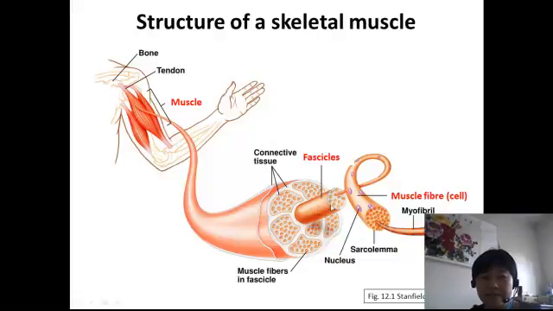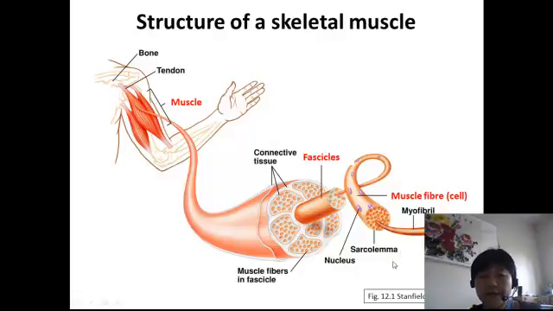Within a muscle fascicle, you can take out a single muscle cell with multiple nuclei; the purple indicates the nucleus. Around the muscle cell is the sarcolemma, the plasma membrane of the skeletal muscle. Within the muscle cell you have myofibrils, which are the arrangement of the protein filaments.